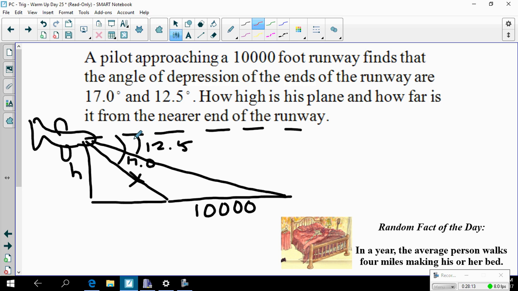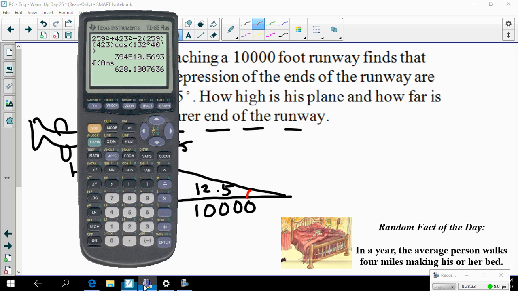Now when you have angles listed up here, remember these two lines, this dotted line and this ground here, are parallel. So we've got alternate interior angles here and here. So this is also 12.5. And we can figure out what this piece of this angle is just by subtracting these two. Right?